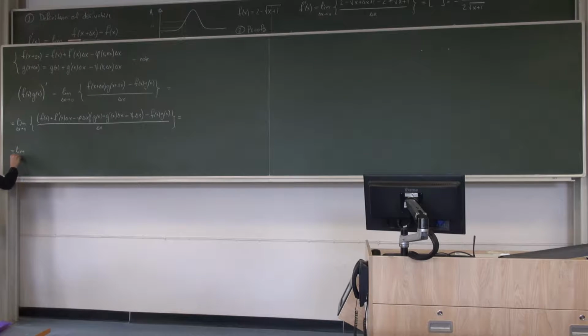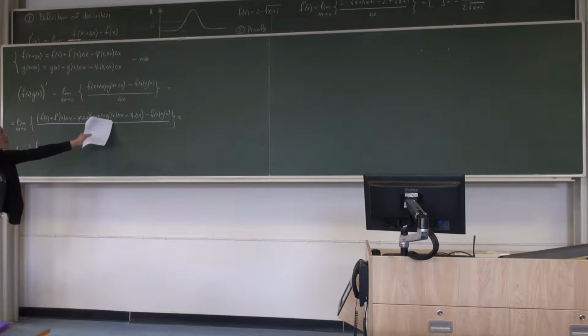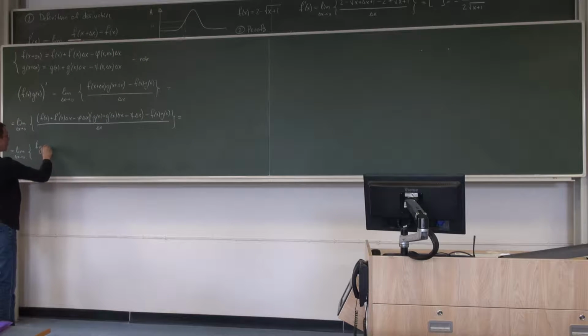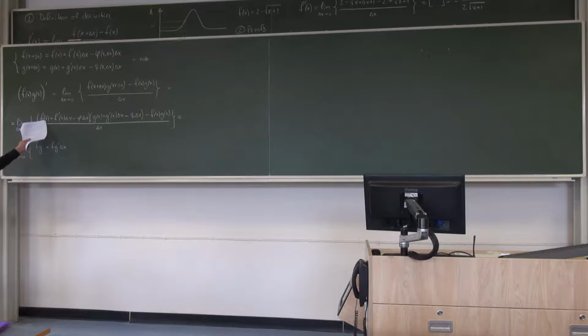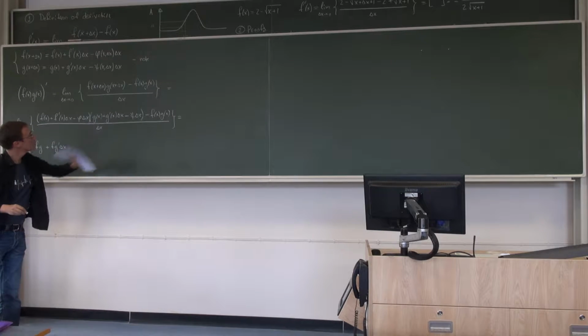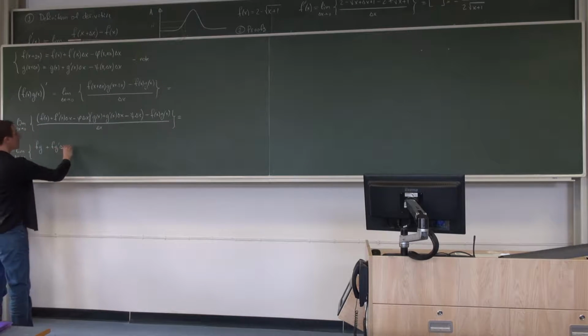Limit as Δx goes to 0 of f times g. Again, skipping the arguments to make it short. f times g' Δx. f times ψ Δx.